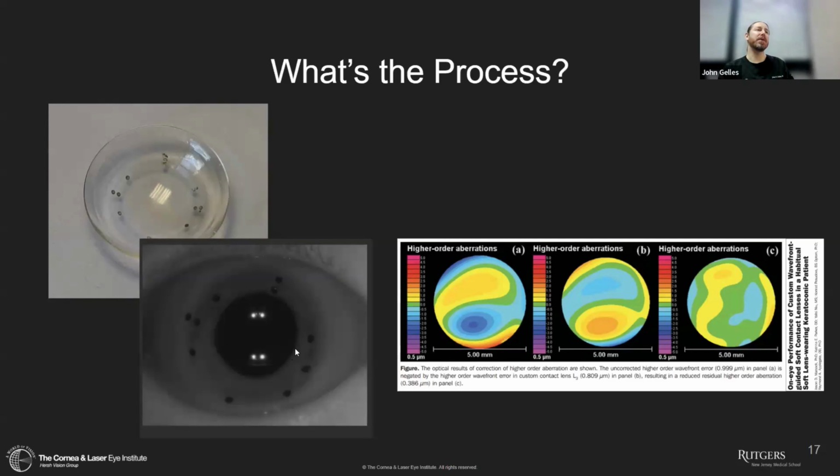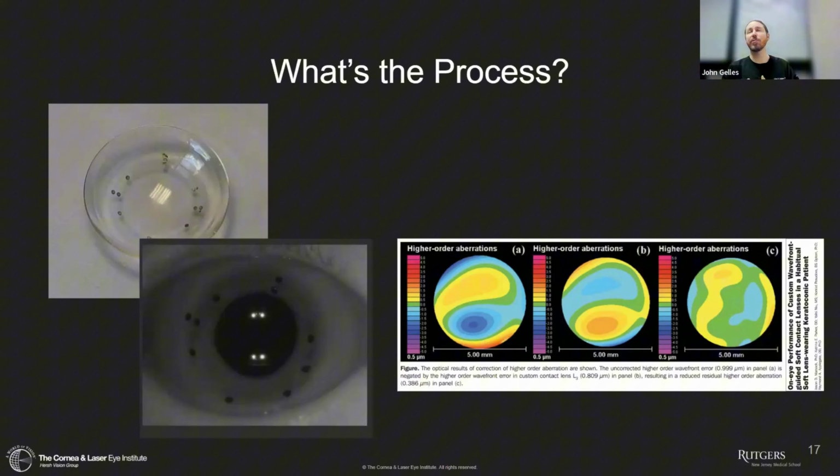What we do here is we put these individuals into a windowless room without any lights on and then take our scans so that we can get the maximum size physiologic pupil that we can possibly obtain, the largest non-pharmacologically dilated pupil.